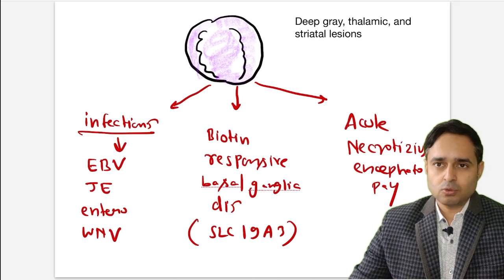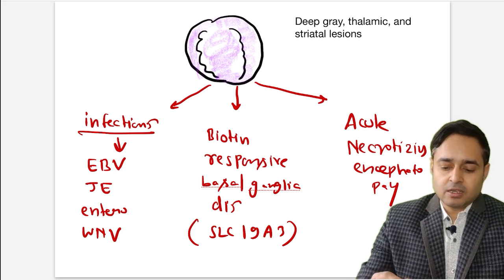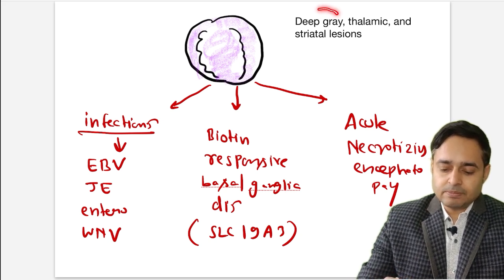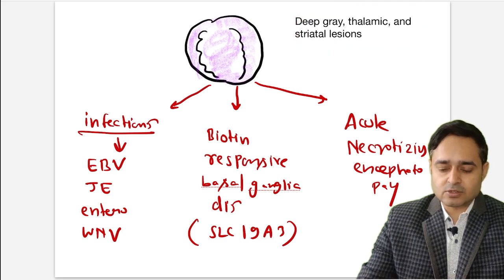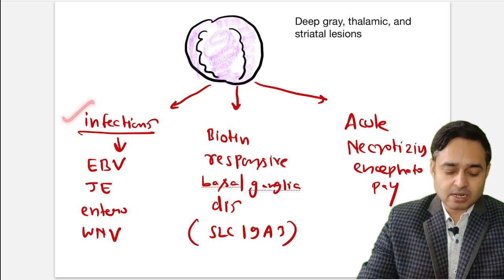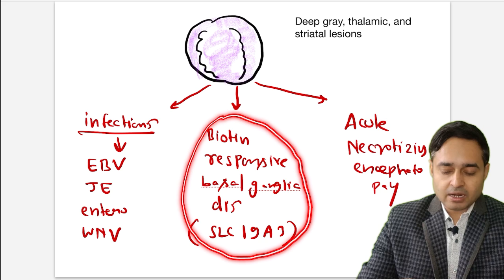Now we'll localize things in demyelination. If it involves the deep gray thalamic and striatal substance of the brain, what are the possibilities? It can be due to infections like EBV, JE, enterovirus, and West Nile virus. It can be due to biotin responsive basal ganglia disease, and the gene is SLC19A3.